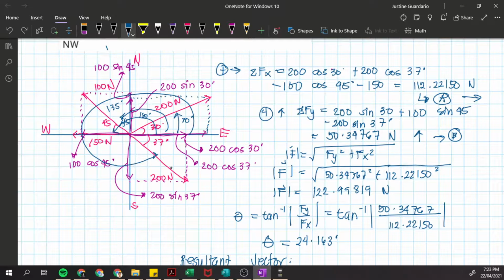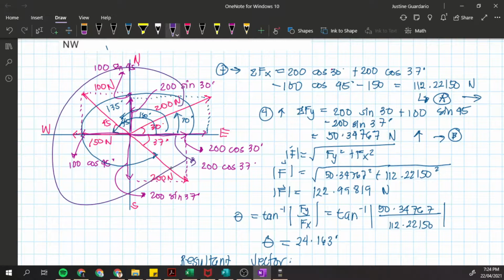Tapos, ito ay 37. Also, we can use pala, para mas madali na lang. Alam natin na isang revolution, we have 360 degrees.